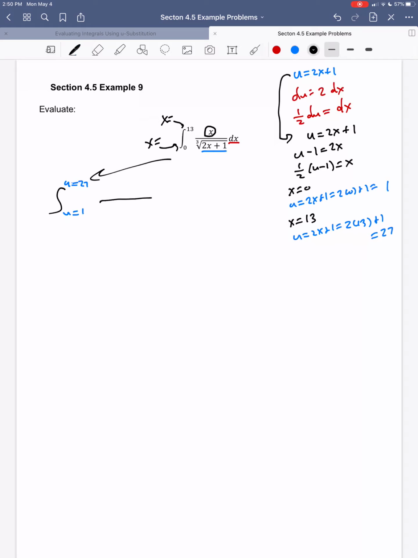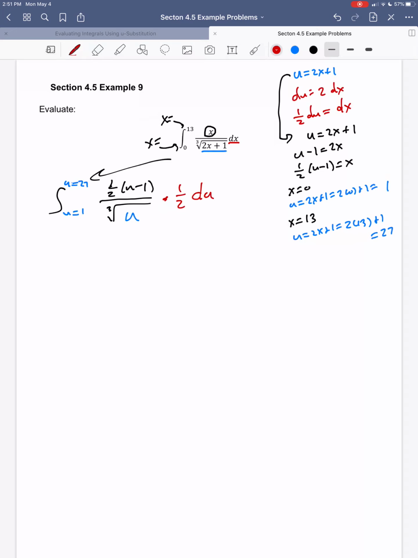That gets replaced with 1/2 u minus 1. The bottom is the cube root. 2x plus 1 is u. And then dx is 1/2 du.